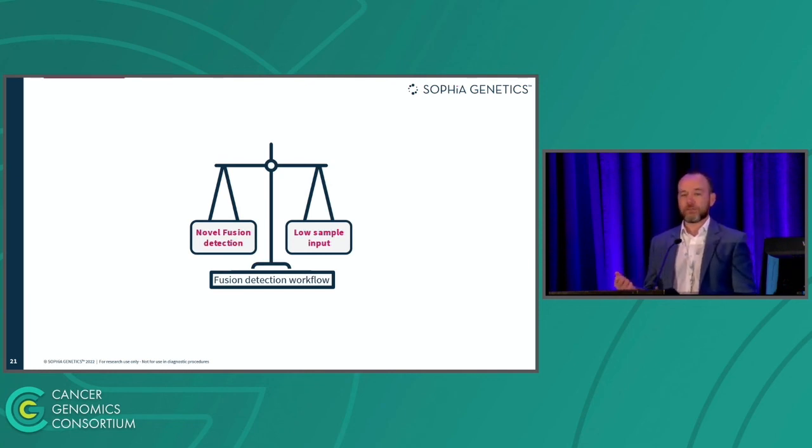While you are thinking about this, one of the typical compromises that we hear of is that labs have to make a decision whether they want to detect novel fusions on one hand, or whether they want to work with low sample input. And these seem to be the 2 things that cannot be brought into one assay.